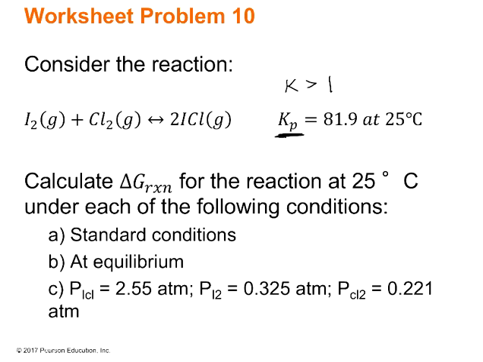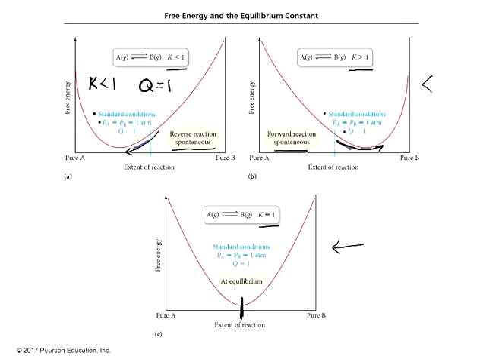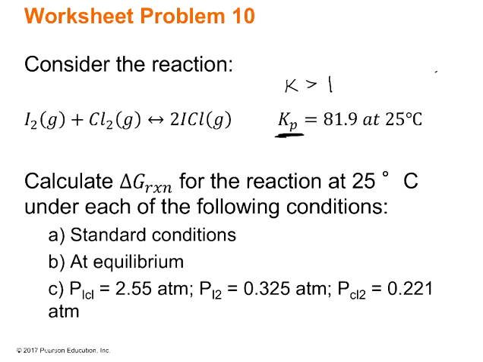So now let's go back and look at our chart for K greater than 1. So remember, this tells us that the forward reaction is spontaneous. Okay, but we're going to actually calculate delta G for the reaction at 25 degrees Celsius under each of the following conditions, and then we'll compare them.